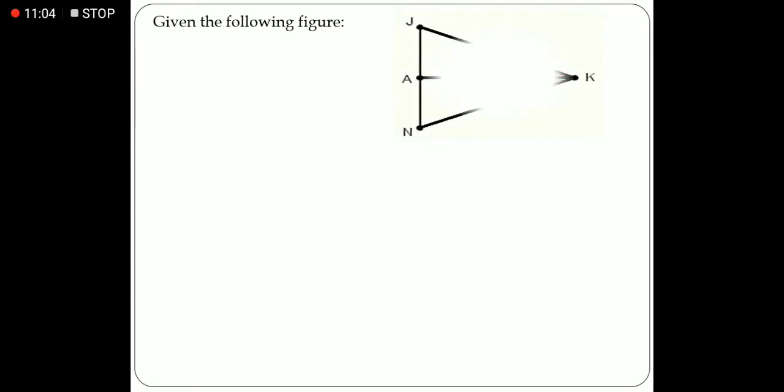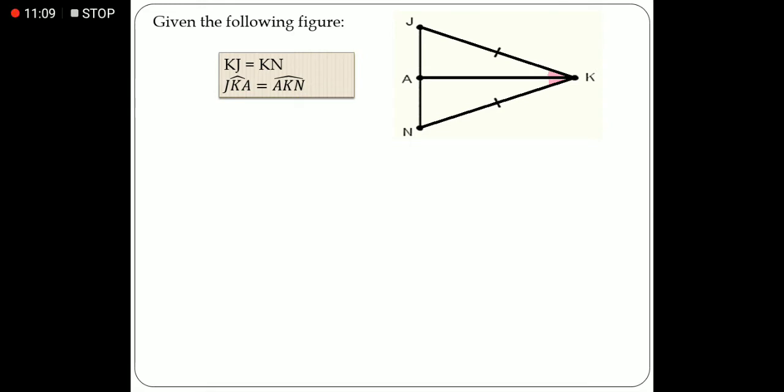Here, let's see an example. Given the following figure, KJ equals KN. How did I know that? They put the same sign. It's a given. And the same sign is put on the angles JKA and AKN, so they are equal.